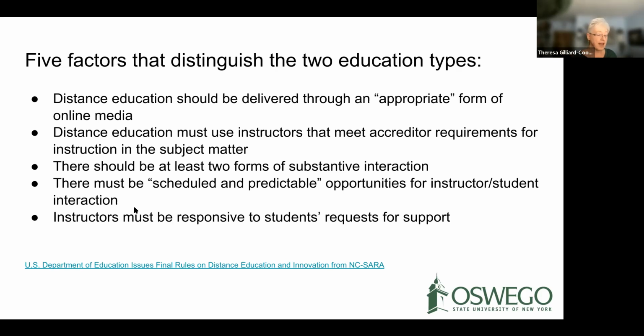So if somebody went in and looked at your course, they can see all these interactions with your students, maybe through discussion forums, through announcements, through a variety of different ways. And we can talk a little bit more about those as we move forward.